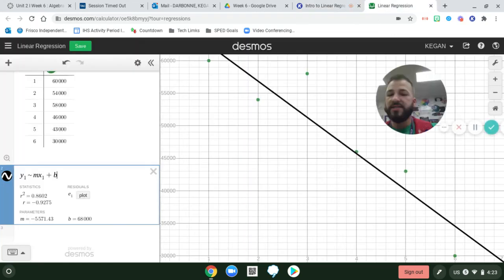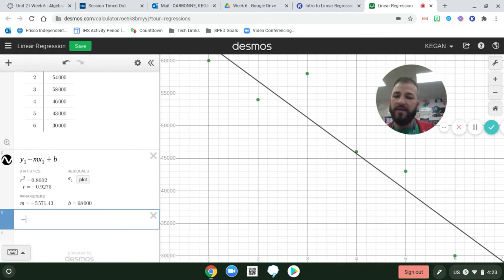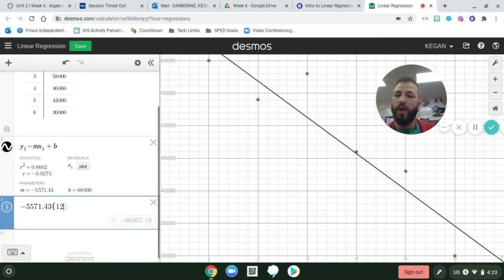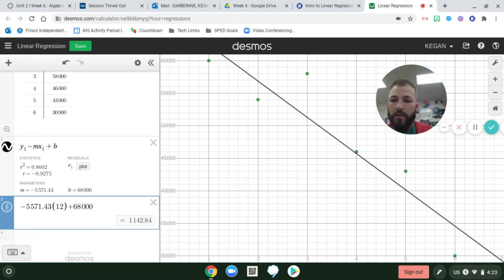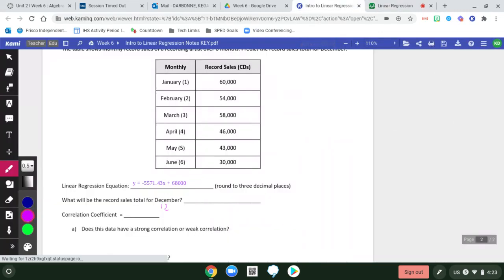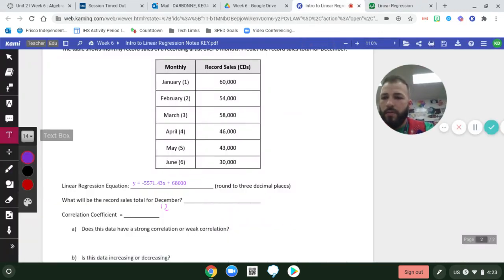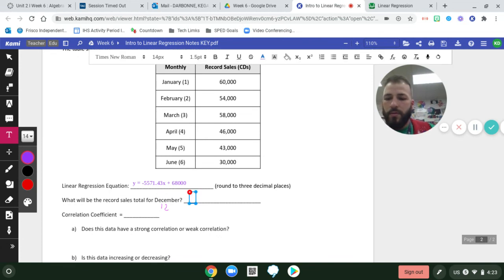So over here in Desmos, negative 5571.43 parentheses 12 instead of x plus 68,000, and we get 1,142.84. Record sales.